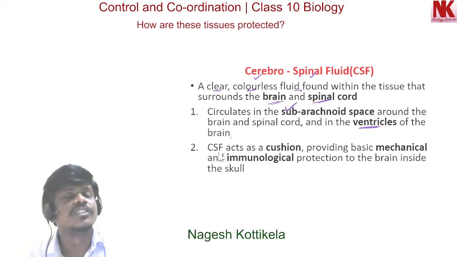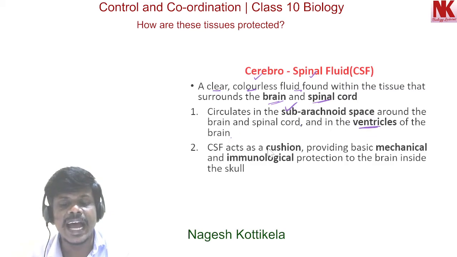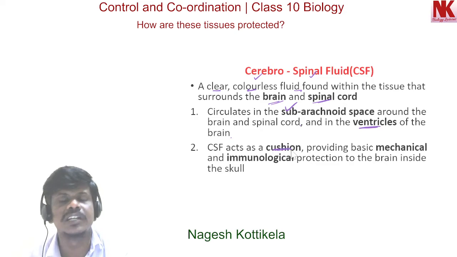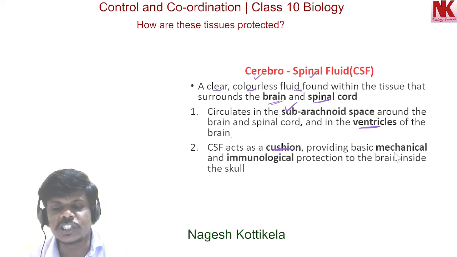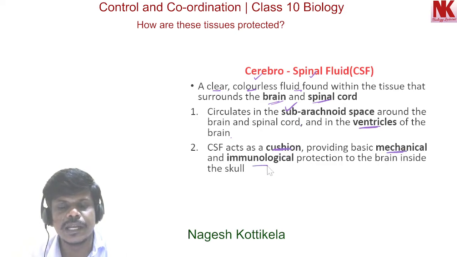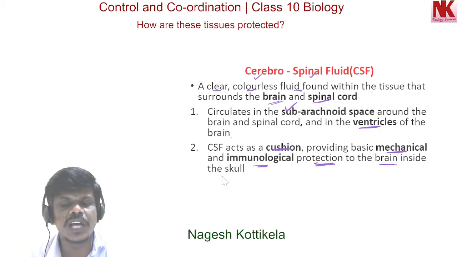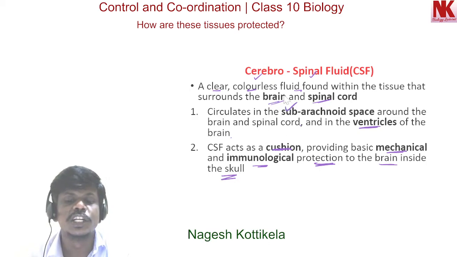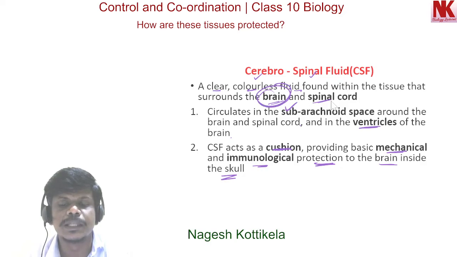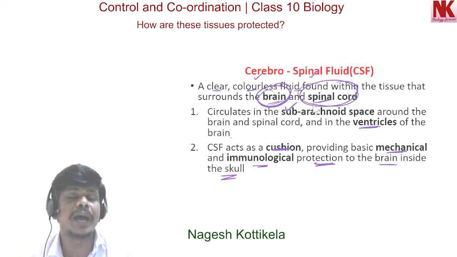And this cerebrospinal fluid acts as a cushion and provides basic mechanical and immunological protection to the brain inside the skull. So this cerebrospinal fluid is protecting both the brain as well as the spinal cord.